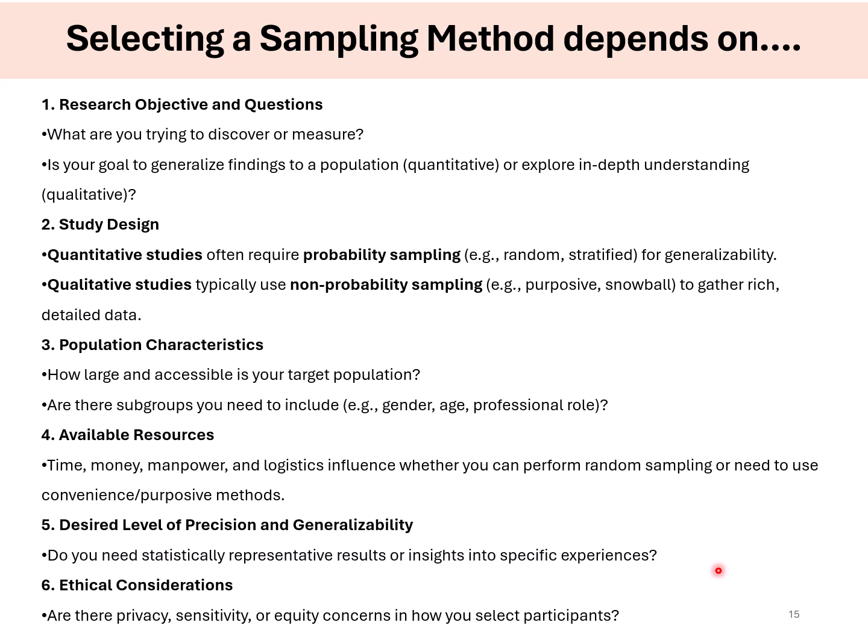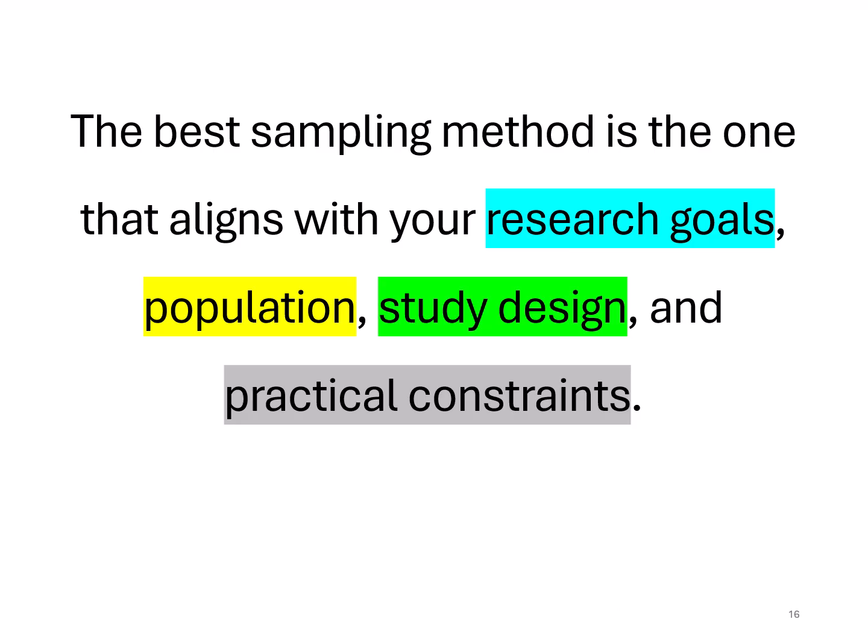So you have to wait for volunteers. In that case, you are actually opting for non-probability. So if there are ethical issues, non-probability methods are commonly used. So the best sampling method is the one that aligns with your research goals, population, study design, and practical constraints.